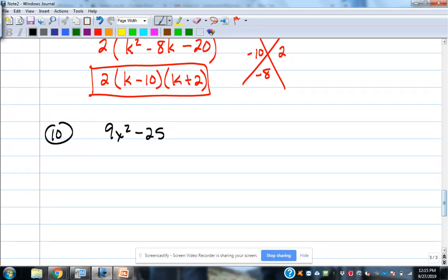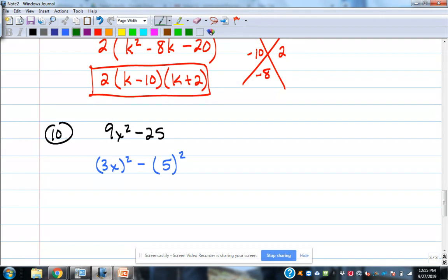No. Difference of squares, the reason it's called that is because if it is a difference of squares, you can write it as something squared minus something else squared. What squared would give me 9x squared? 3x. What squared gets me 25? 5. Now here's the beautiful thing about the difference of squares.